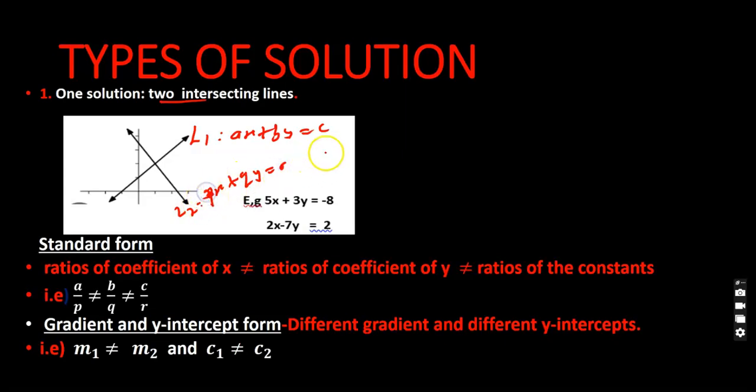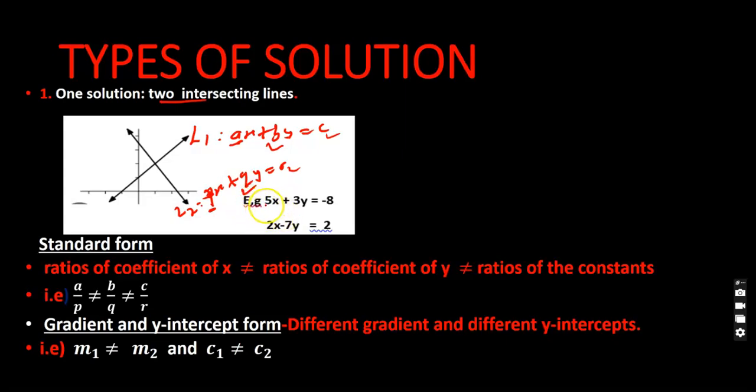For these two equations to have one solution, the ratio of the coefficient of x must not be equal to the ratio of the coefficient of y and must not be equal to the ratio of the constants. That means the coefficient of x, a, the ratio means division, so a over p must not be equal to b over q, must not be equal to the constant c over r.